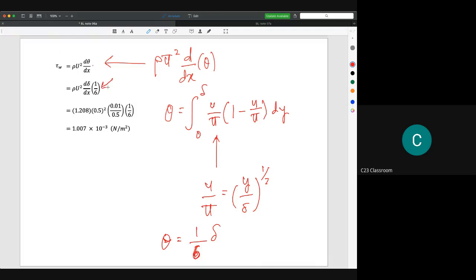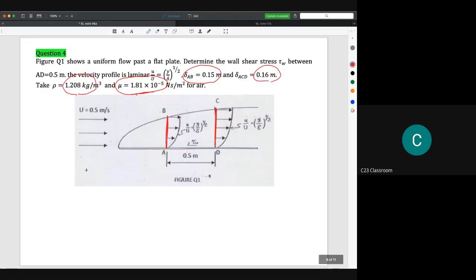For this term, we don't need to integrate it because we need to answer based on the diagram that we have. The d delta here means the thickness difference, because the question needs only the shear stress, not for the whole plate.